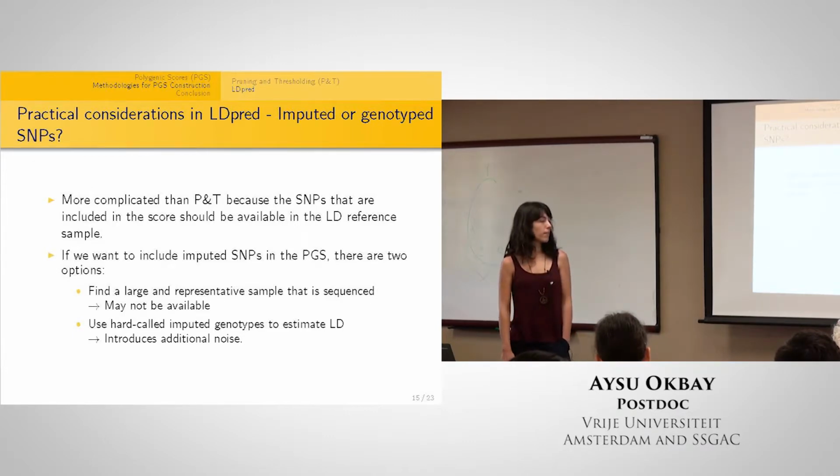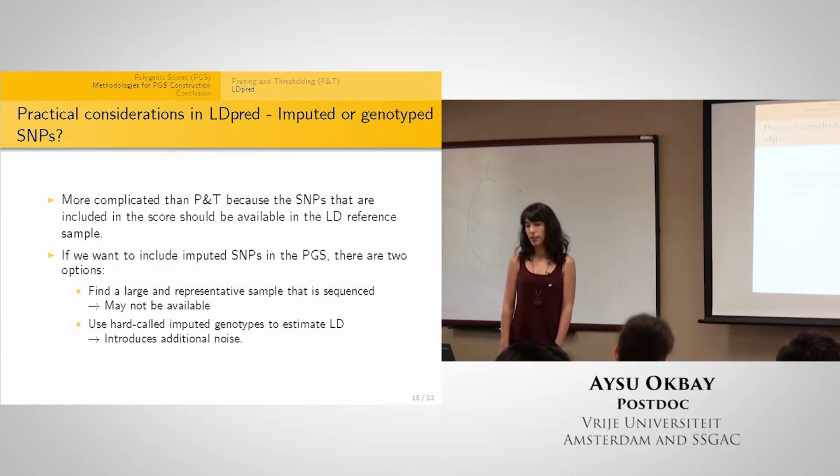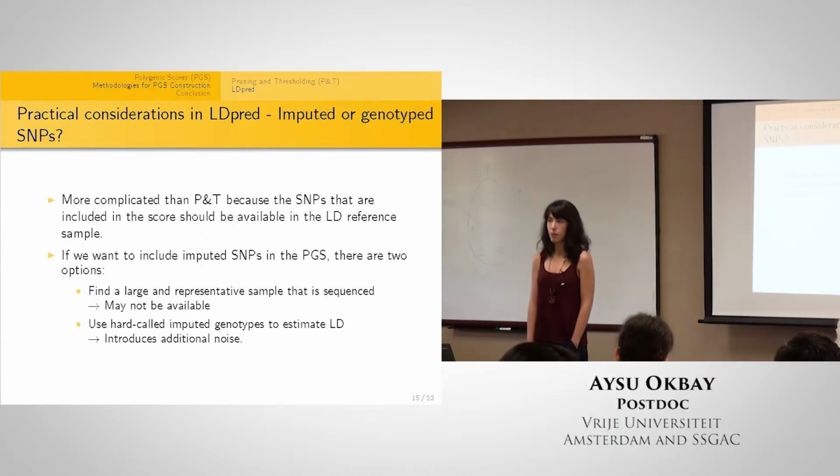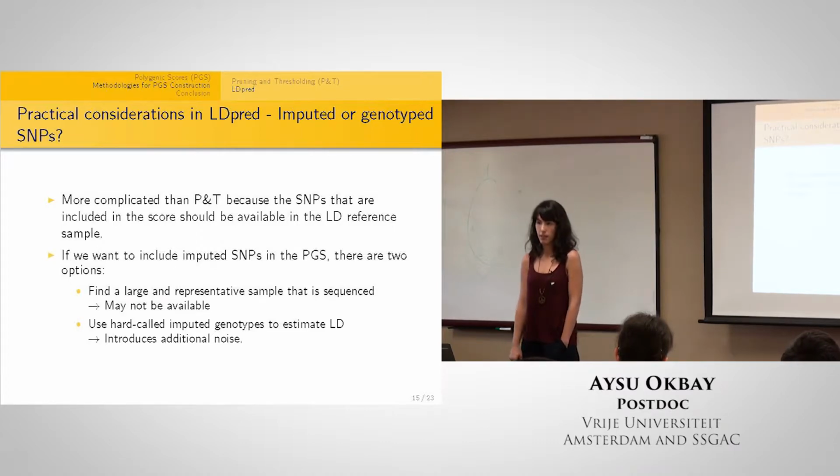So here, deciding whether you want to include imputed or genotyped SNPs is a bit more complicated, because LD-pred uses a reference sample, individual-level genotype data, to estimate the LD between SNPs, and then it adjusts the betas using those LD values. That means the SNPs that you want to include in the score also need to be in the LD reference data. And you want to estimate the LD using genotyped SNPs.